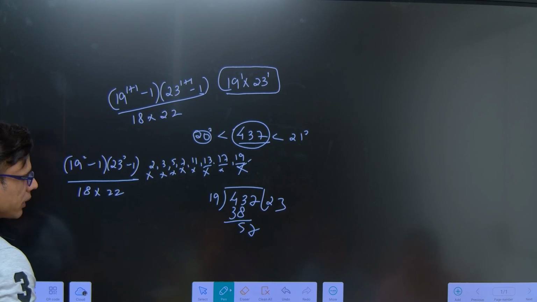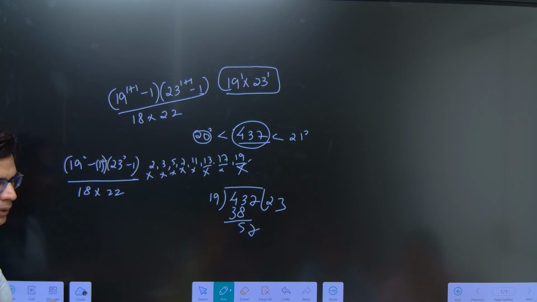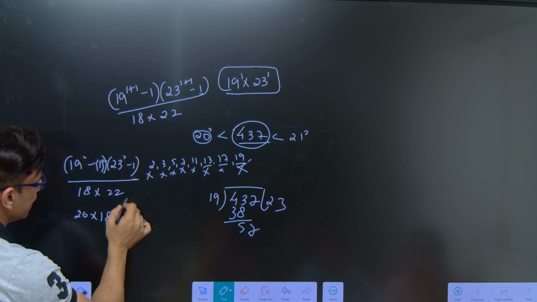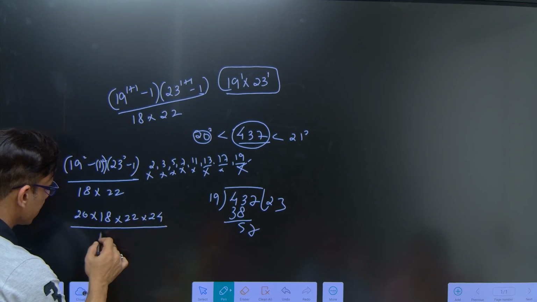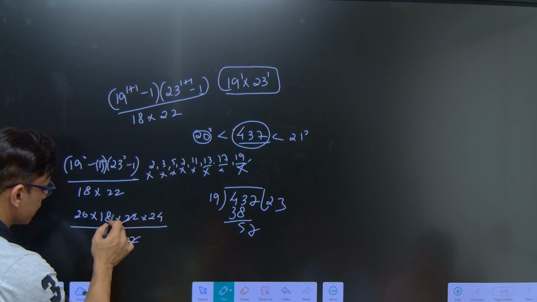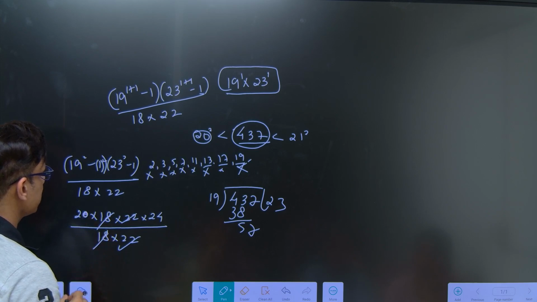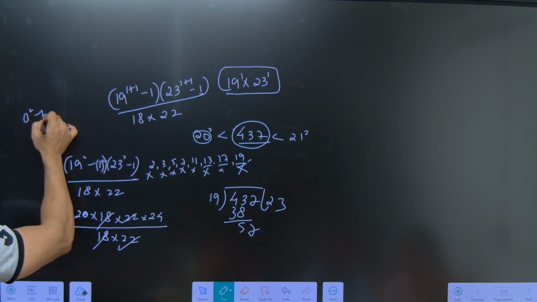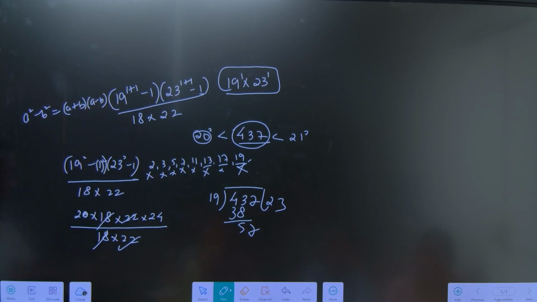What is 19 square minus 1? या इसको a square minus b square लगा दो. a square minus b square is a plus b into a minus b.